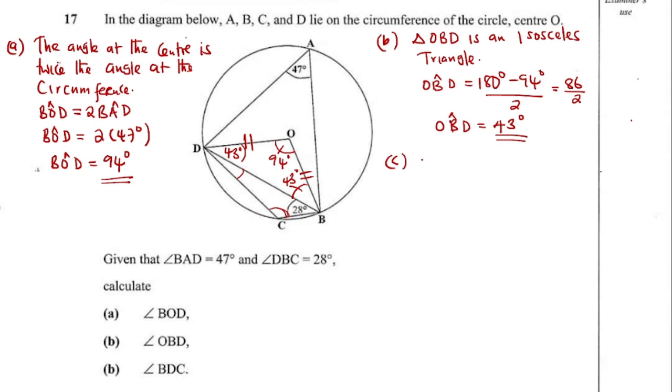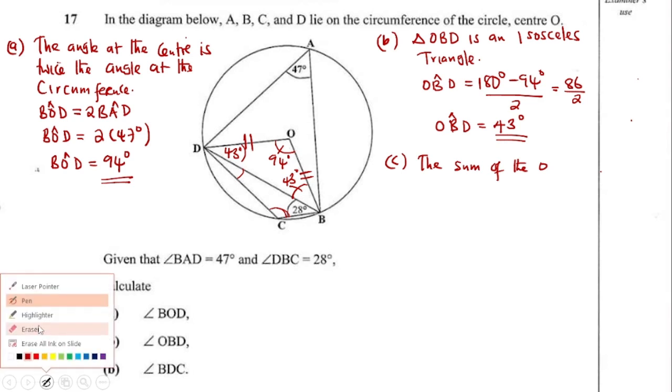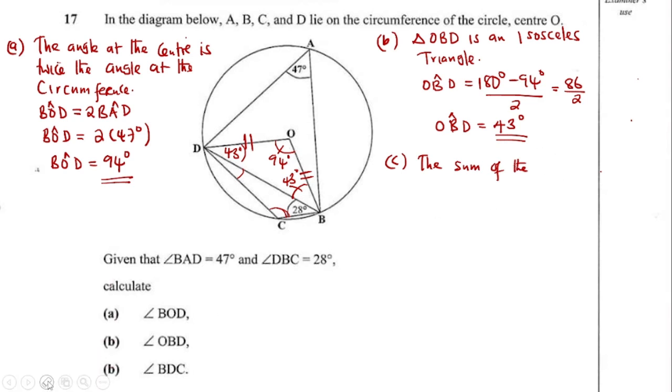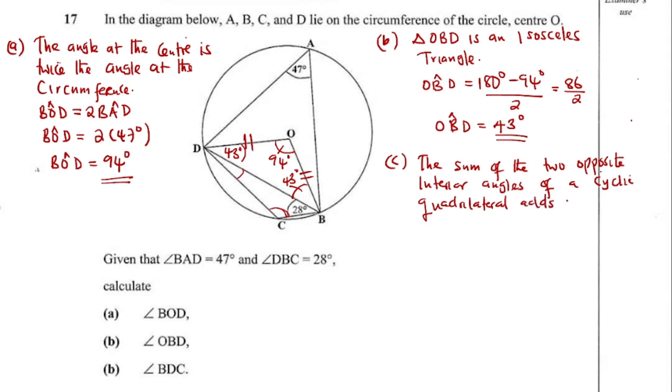There is a property that says the sum of the two opposite interior angles of a cyclic quadrilateral adds up to what?